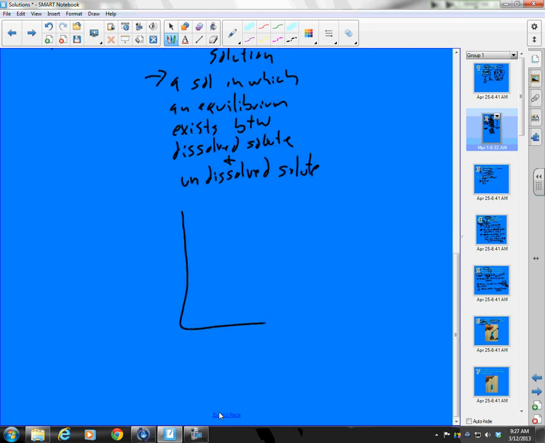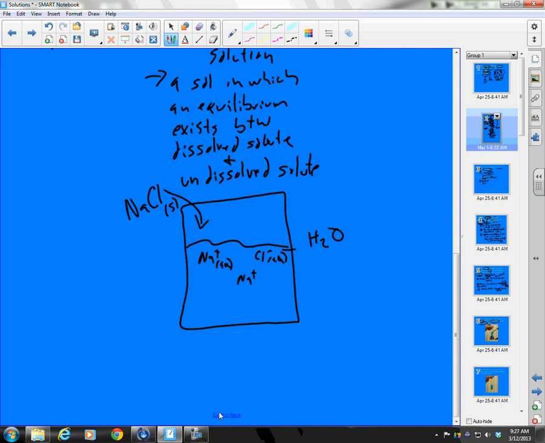Well, let's think of taking some sodium chloride solid, and we're going to add it to some water, right? And as I start adding my sodium chloride, immediately my sodium chloride starts breaking into ions in an aqueous solution. So it goes into solution. That means it's no longer solid, and I'll have some sodium plus aqueous and chloride minus aqueous, right? And they are surrounded by the water. We overcame the ionic forces in my sodium chloride.